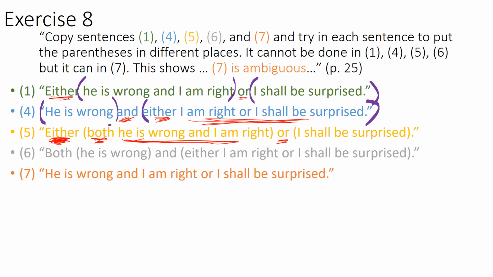Indeed, as it is dominant, it should be outside of parentheses. And again, this and is not dominant. It's, so to speak, a part of a sub-sentence of the overall molecular sentence, right?